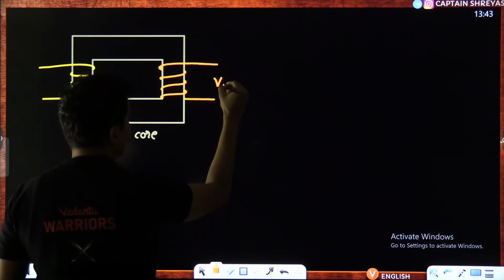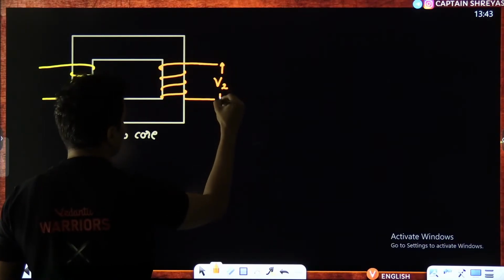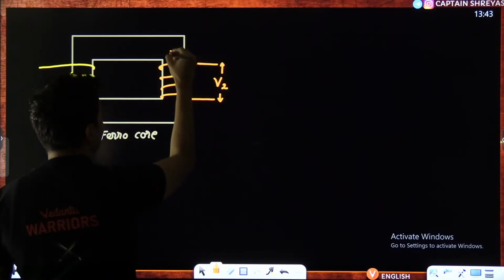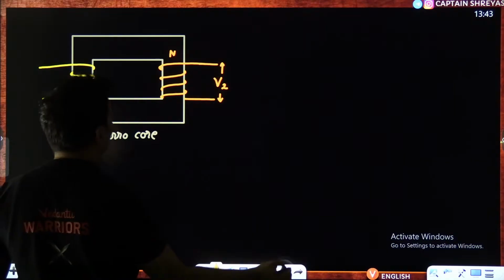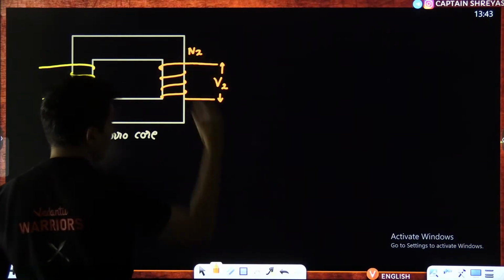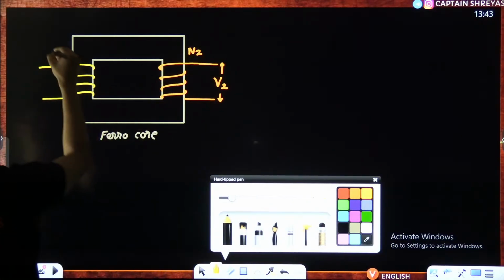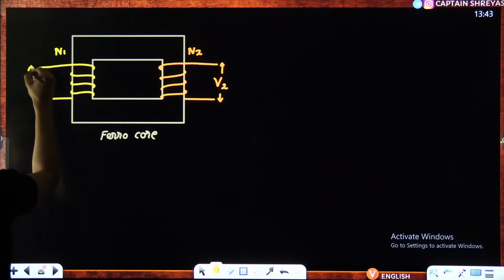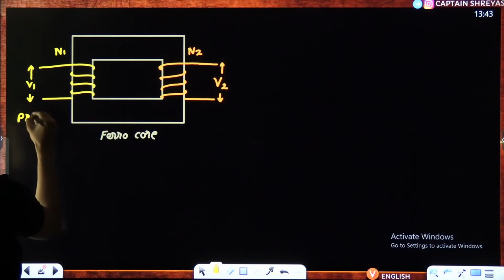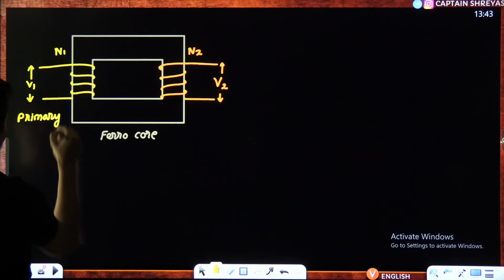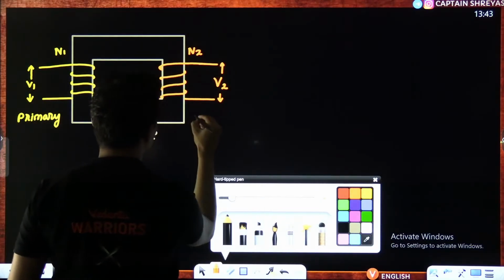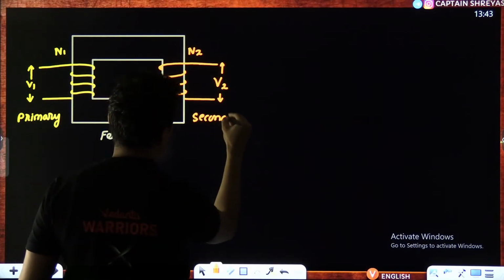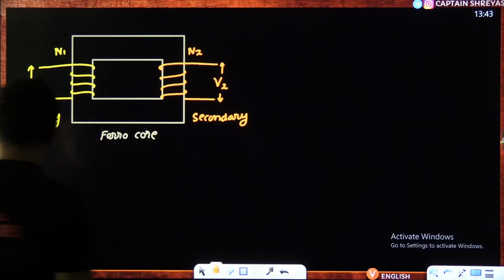There is the secondary voltage across this. This has N2 number of turns. This has some N1 number of turns. Across this, the voltage is V1, which is also called the primary side. This is obviously called the secondary side.